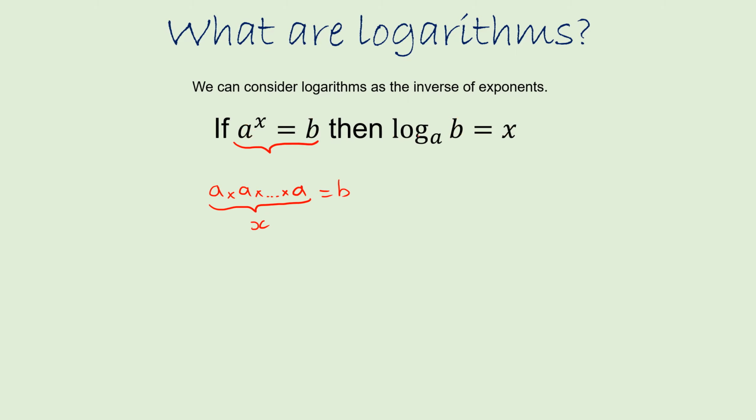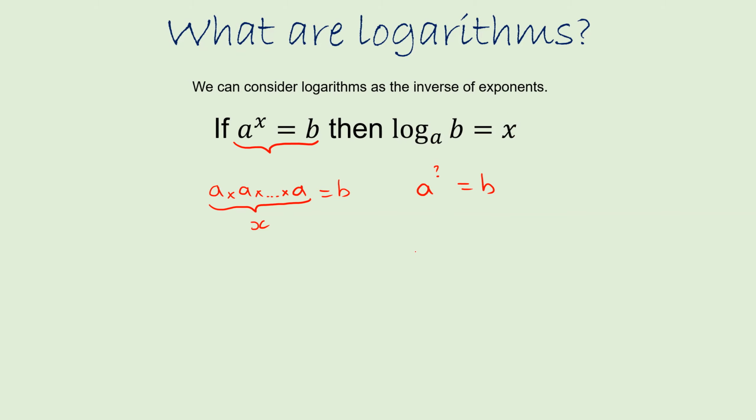And the logarithm part on the right-hand side is basically saying, how many times would you raise a to the power? So a to the power of what would give us an answer of b, and it's telling us that power is x. It's basically just rephrasing the question: we've got the base a, what number do we need to raise it to, to get the answer of b?